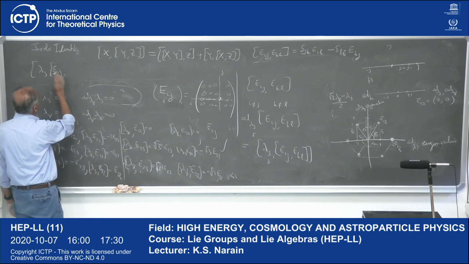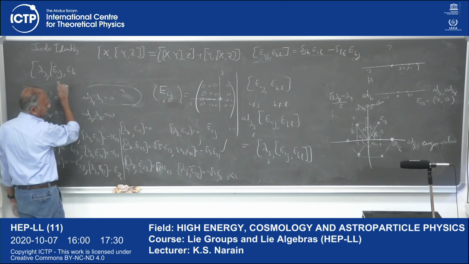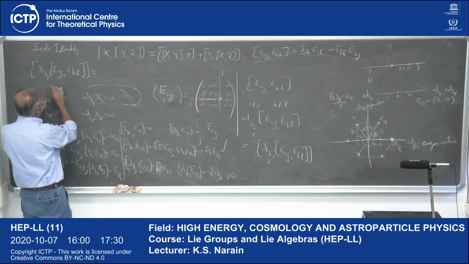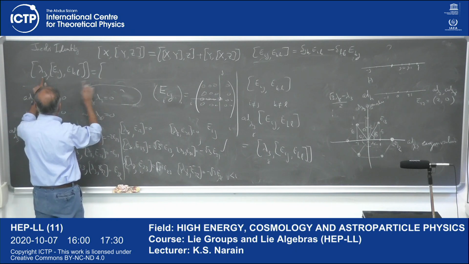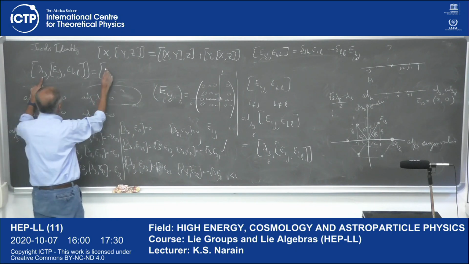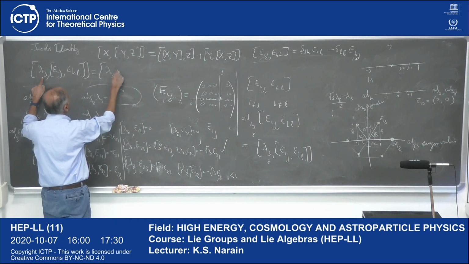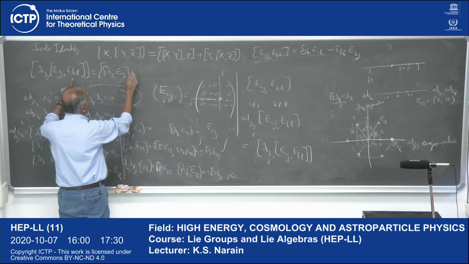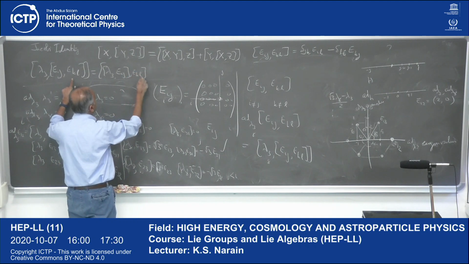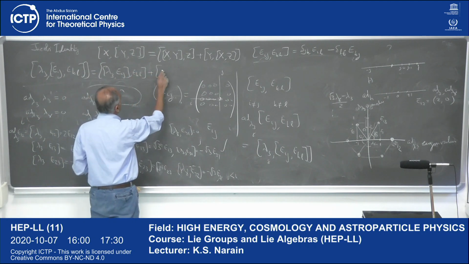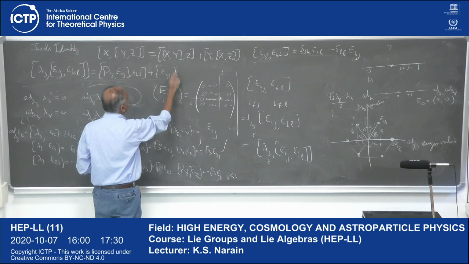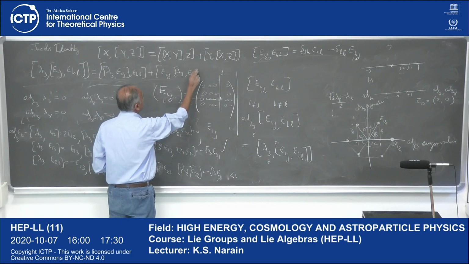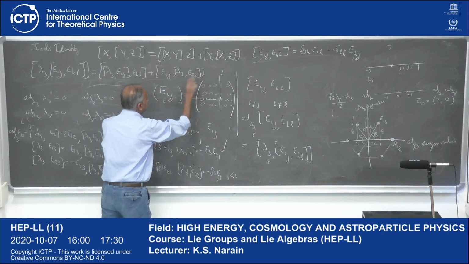So let's do this with lambda 3 and Eij. The commutator of Eij with Ekl is the same as the commutator of first lambda 3 acting on Eij, with now Ekl, plus the second term where Eij remains there and lambda 3 acts on Ekl.